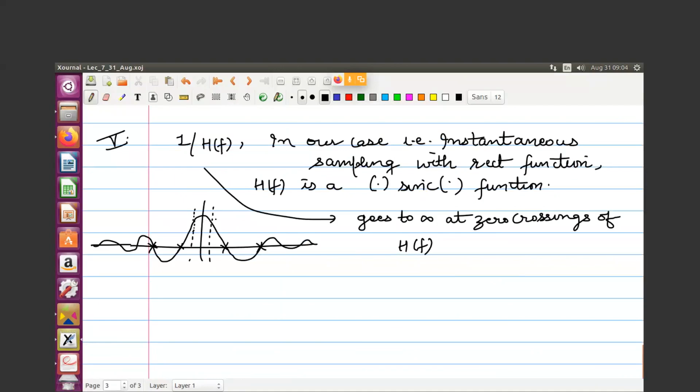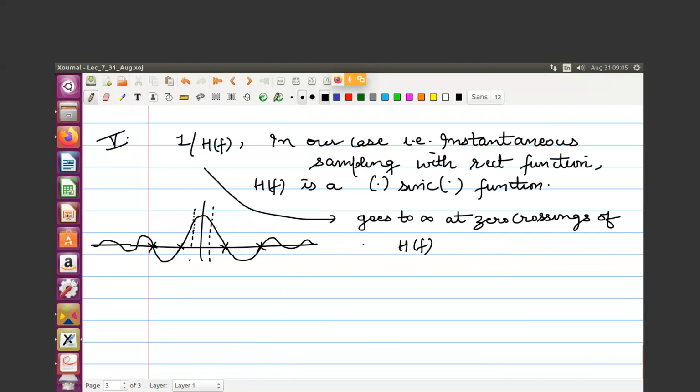So this is a rough explanation of the design of 1 upon H(f). It is not straightforwardly taking the sinc function from minus infinity to infinity and finding 1 upon H(f), which is not possible. If the sinc function has reduced something to 0, you cannot recover it back.